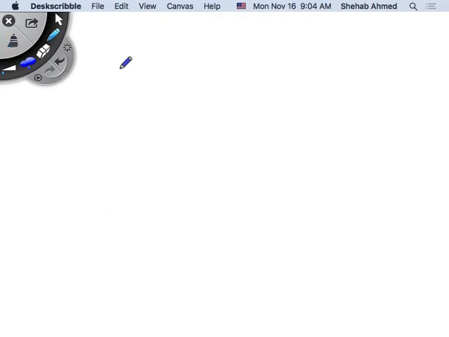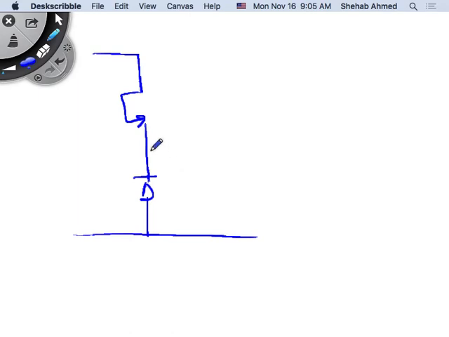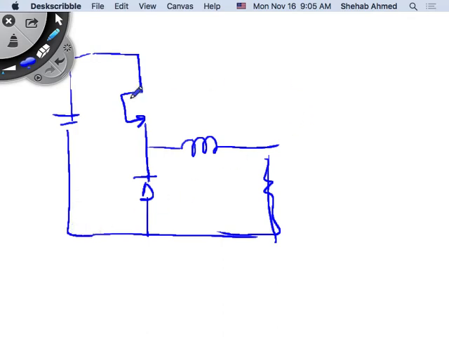So for the buck converter, we had our switch here, we had a diode here. For the buck converter, actually, we put the current source here, right?